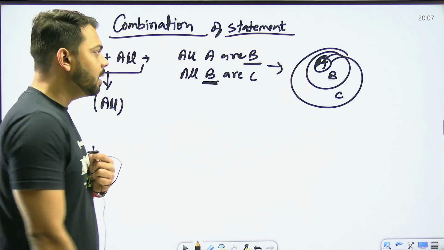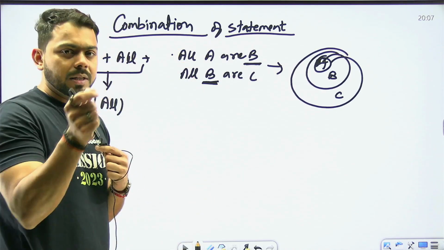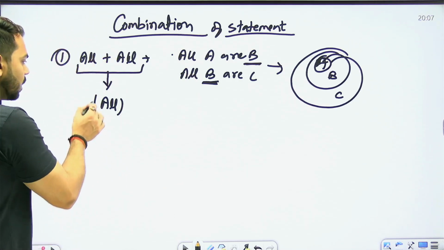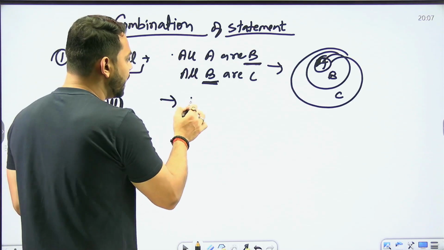The predicate of the first statement should match with the subject of the second statement. Then the conclusion will be in all, and it will be all A are C.